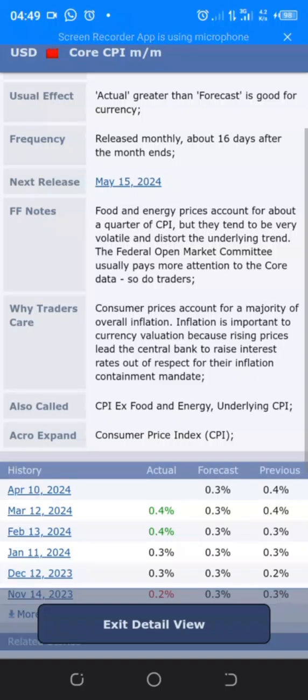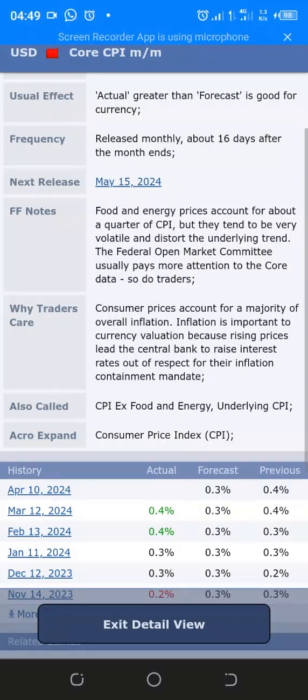And because of that, the big boys will be moving their money from the stock market, hear me very well, to the forex market, so that they can cash in on this interest rate that will be paid by banks. So there will be a large movement of funds to the forex market that day if the actual is greater than the forecast. If the actual is less than the forecast, the big boys will be moving their money from the forex market and the bonds market to the stock market. So interest rate is directly proportional to the forex market, but inversely proportional to the stock market.